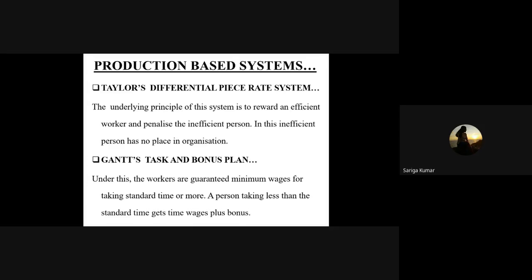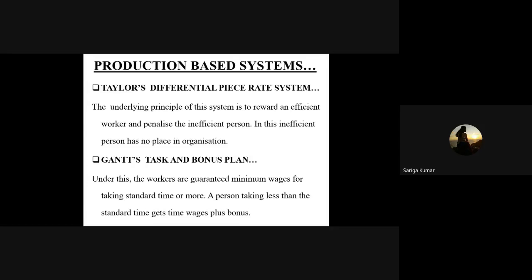Whoever is very efficient, and whatever standard output has been set, whether he is going to achieve it or not. If the overall performance matches the requirement of the organization in the form of productivity, then that person will get an incentive. If he is not efficient enough, he will not get any incentive from the organization.